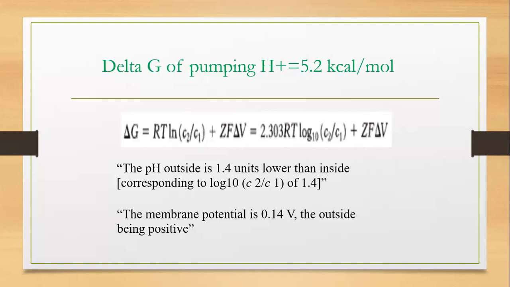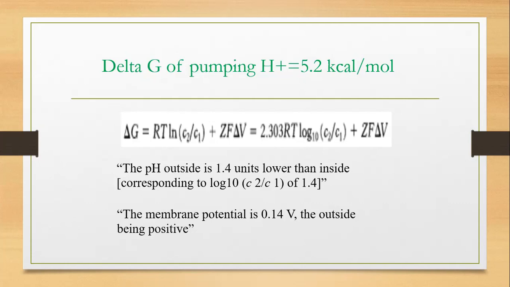So gagamitin natin yung calculation natin kanina, yung ginagamit sa pH meter in order to calculate the potential, no? So it's given from Stryer that the pH is 1.4 units lower than inside. So itong 1.4 units i-convert natin sa volts, no?